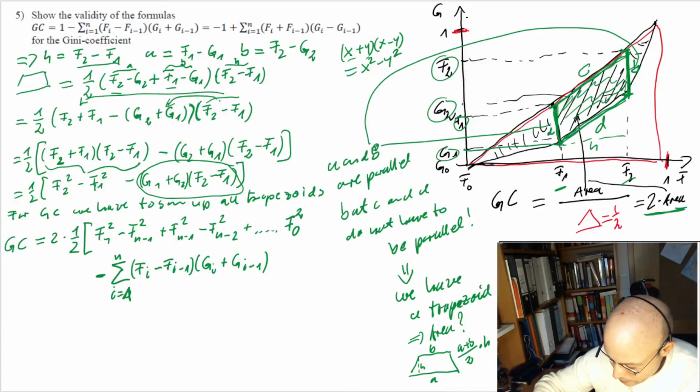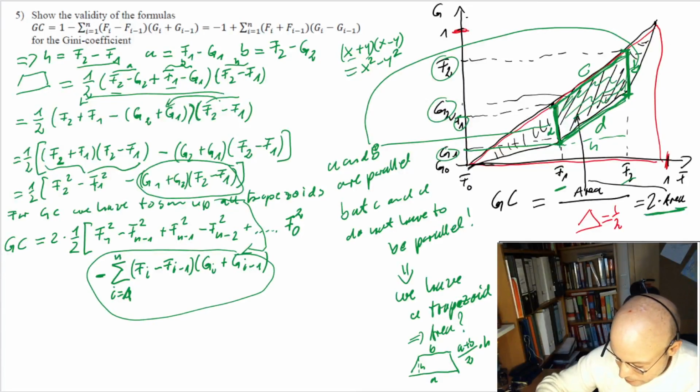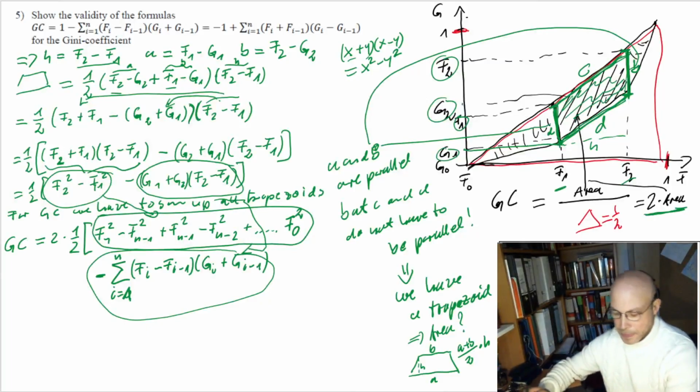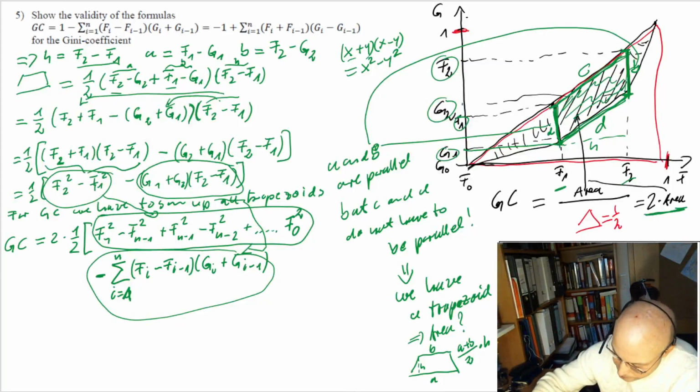So this will be this here, and since we have to take the sum, it will be this. But what is this one here?